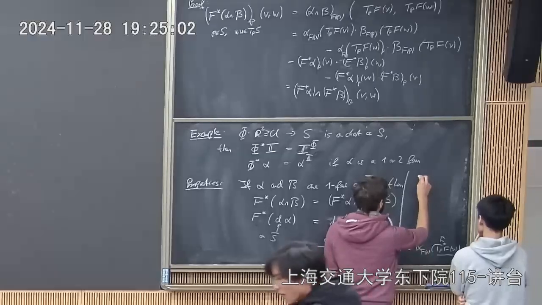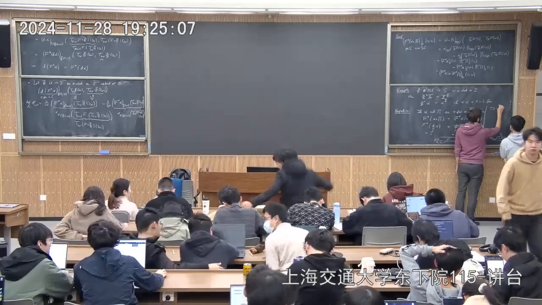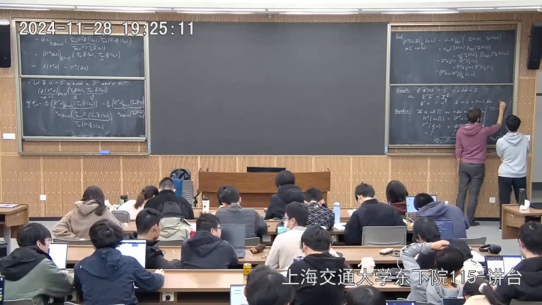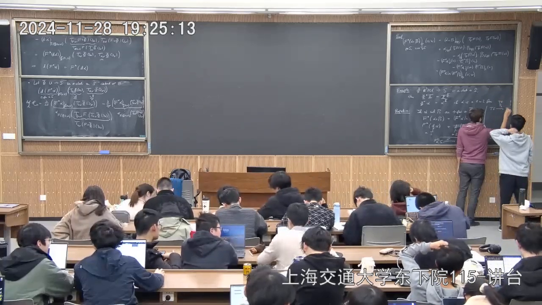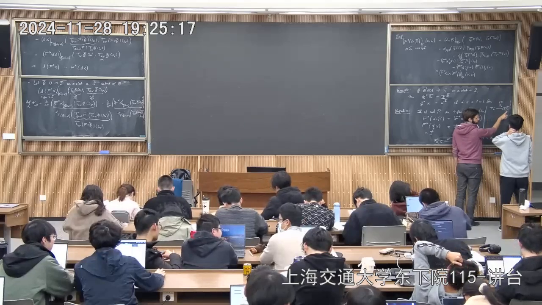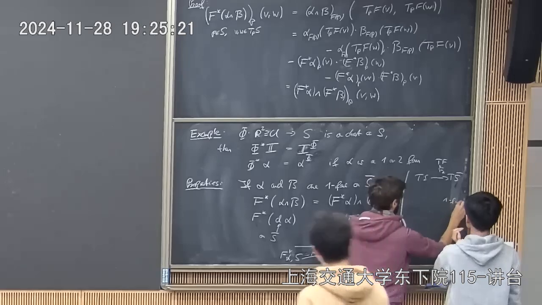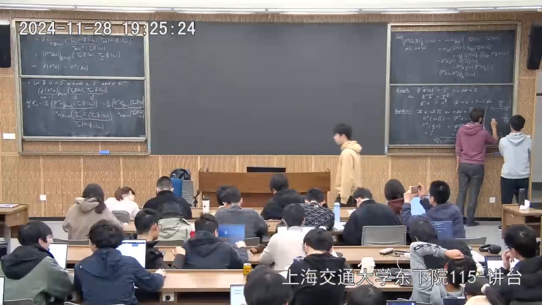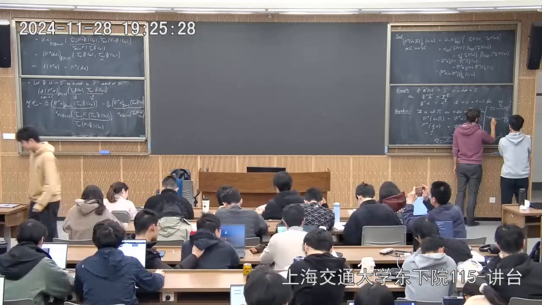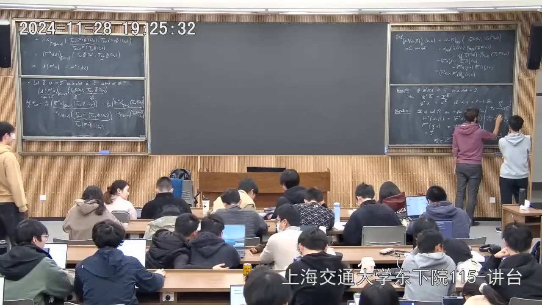And then the tangent map T on S is just the same as T of F. That gives you tangent vectors from S to tangent vectors on S bar. And now what you have is one forms on S bar, and you get one forms on S by the pullback.